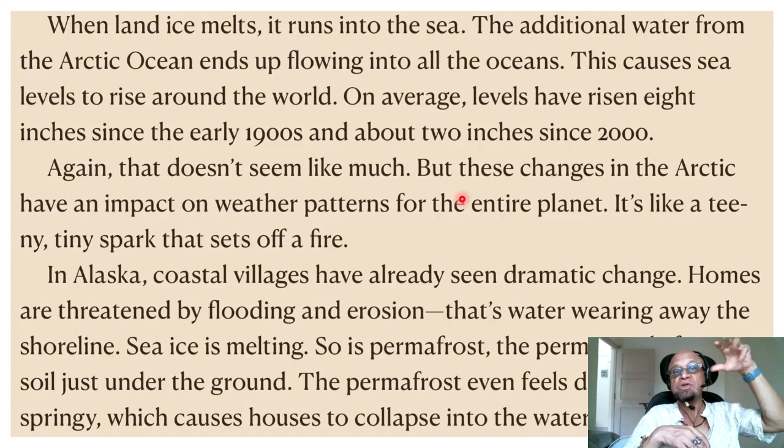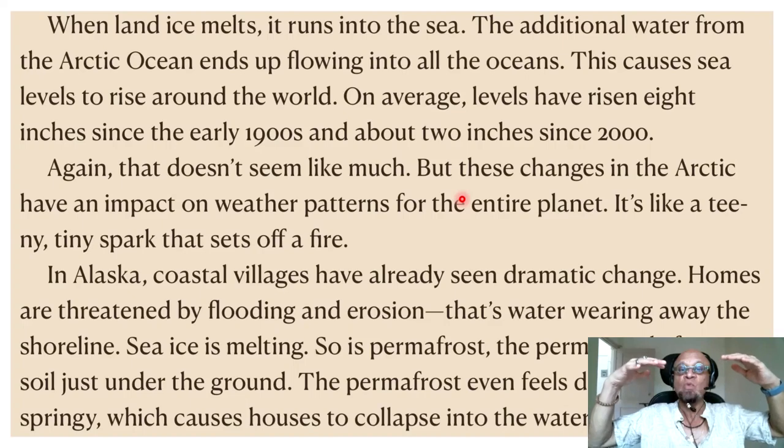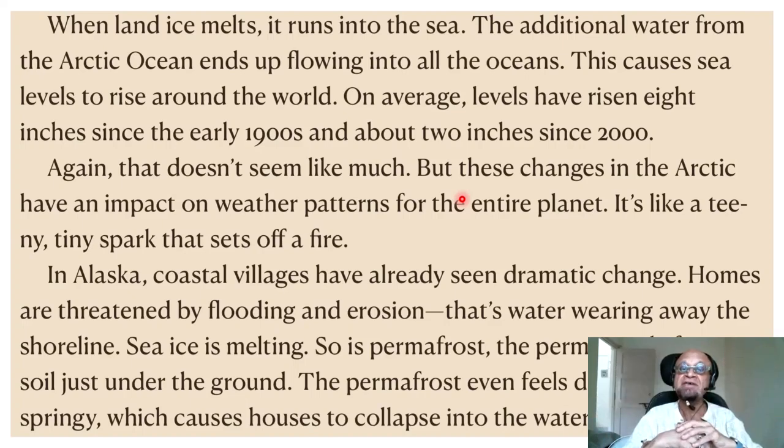When that glacier melts, land ice melts, that water is coming back into the ocean. So the ocean is regaining that water, which means it begins to rise, which we call sea level rise.